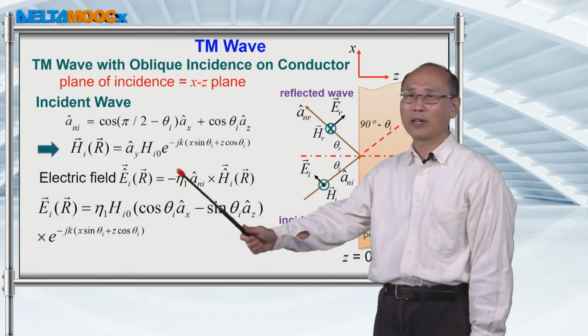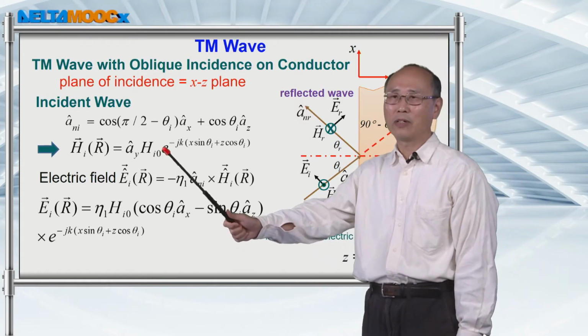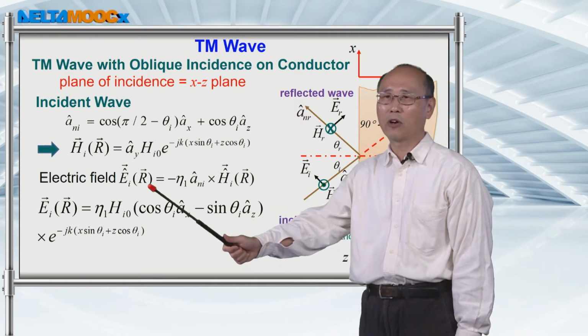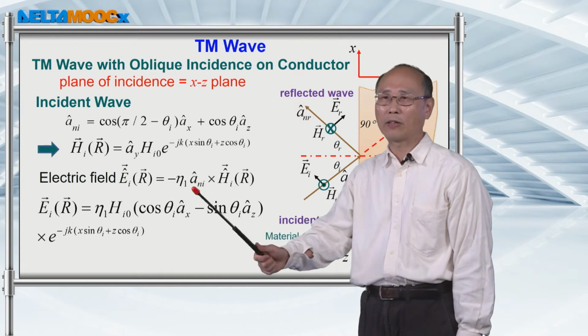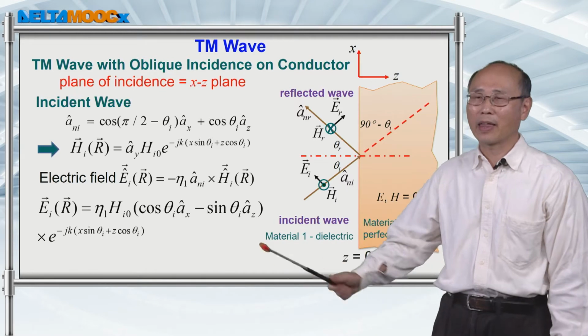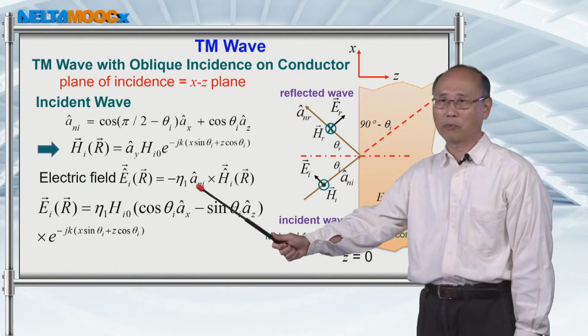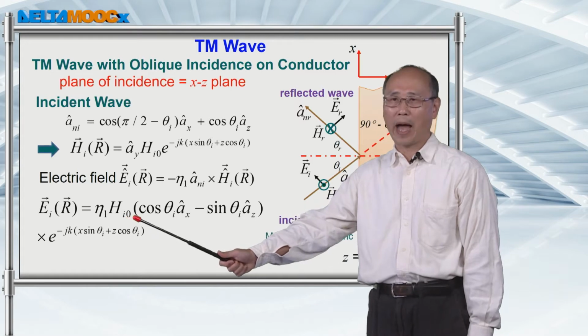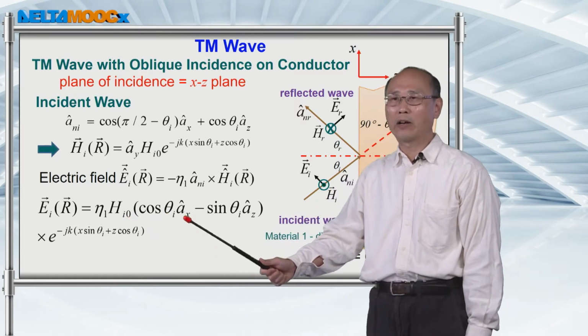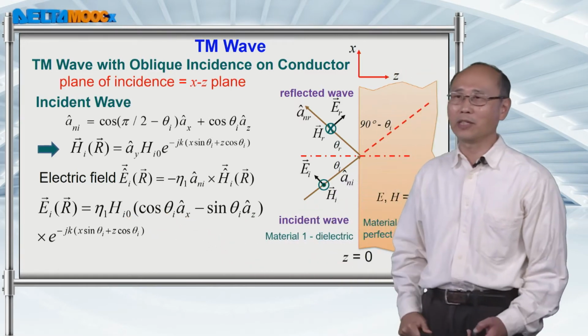It tells you that there's a component propagating along plus z direction. And once you know the magnetic field expression, then you can also write down the incident electric field by using this formula. And once you do the calculation properly, you're going to see that the incident electric field will have two components, one along x direction, the other along z direction.